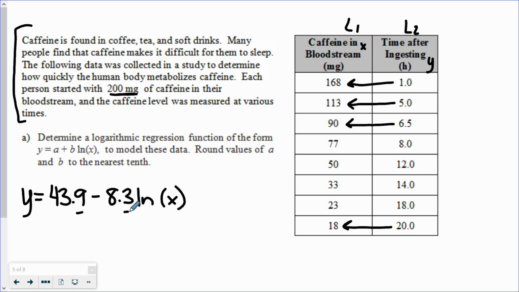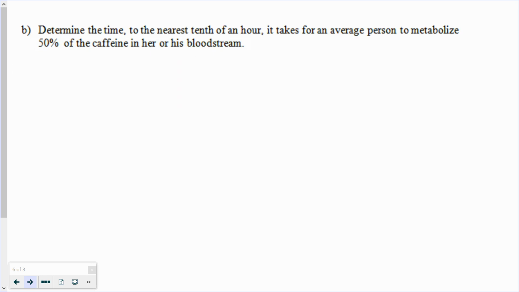So 43.9 minus 8.3 times the ln of x. Again, x is representing the amount of caffeine in the bloodstream, and y is representing the time. Okay, so we have a regression equation. Now it says determine the time to the nearest tenth of an hour it takes an average person to metabolize 50% of the caffeine in her or his bloodstream.